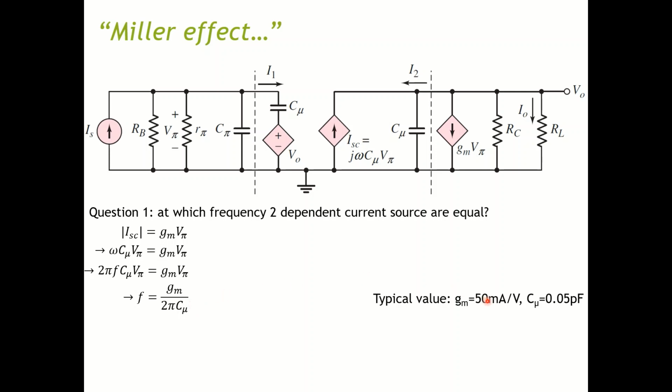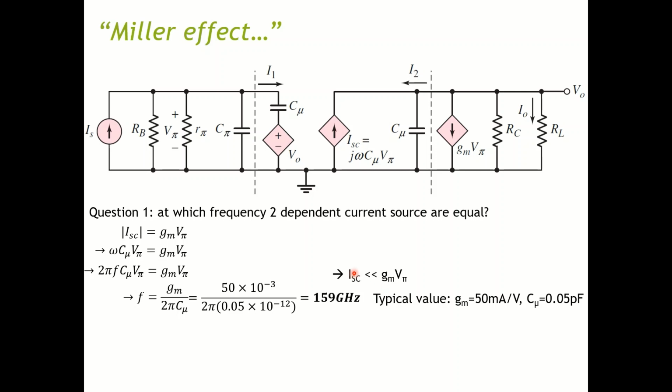Now I will use some typical value of Gm equal 50 milliampere over volt and C mu equal 0.05 picofarad. Plugging in the numbers, the frequency that makes these two dependent current sources equal to each other will be 159 gigahertz. You will probably never operate your BJT anywhere close to this high frequency.